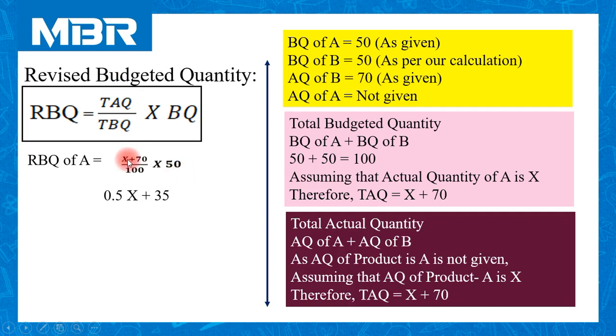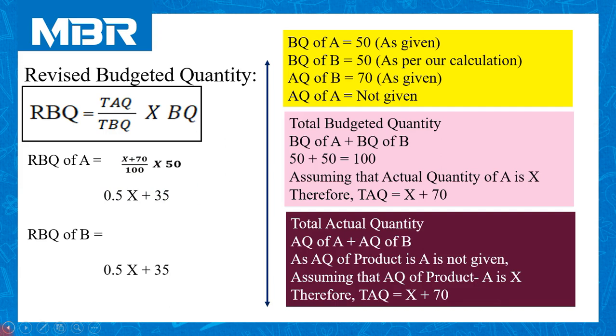So x plus 70 divided by 100 multiplied by 50. So when you solve this equation, you will get figure of revised budgeted quantity of product A 0.5x plus 35.